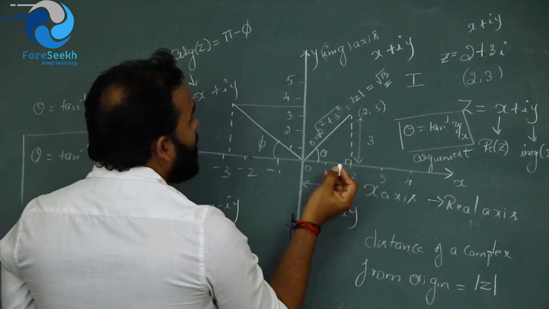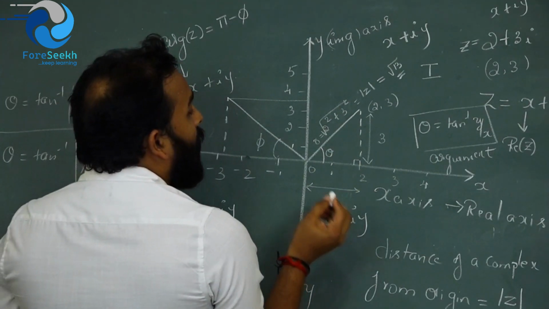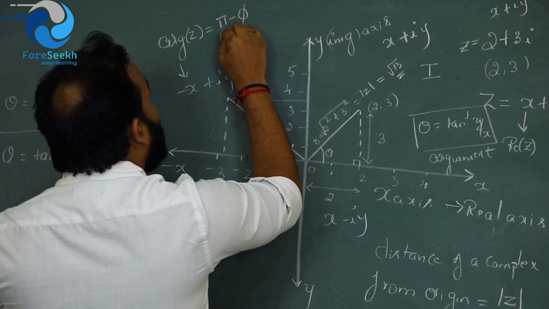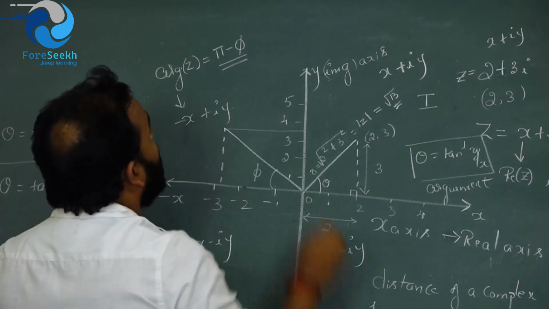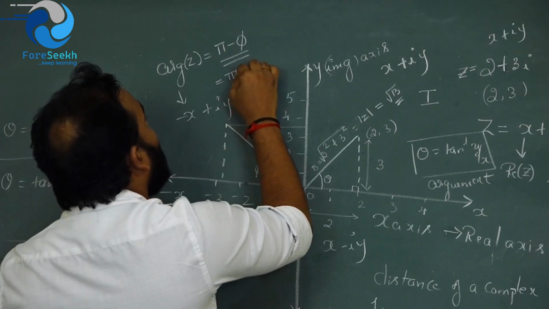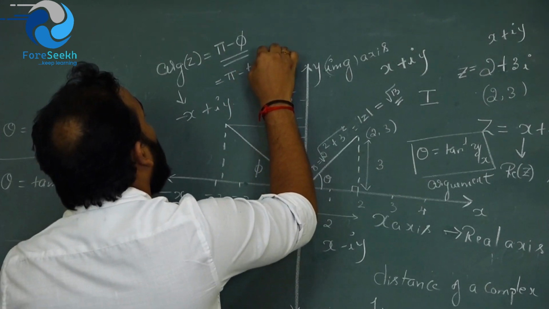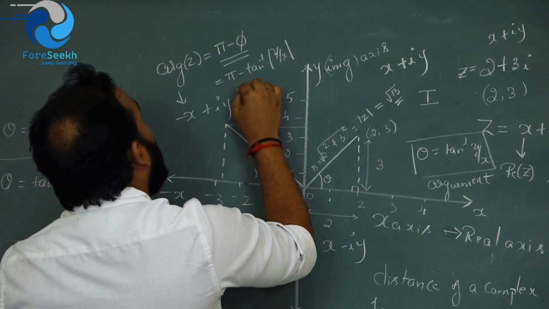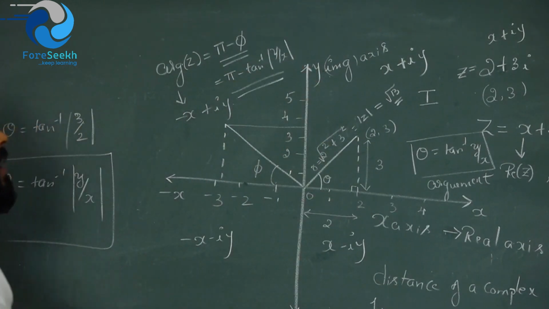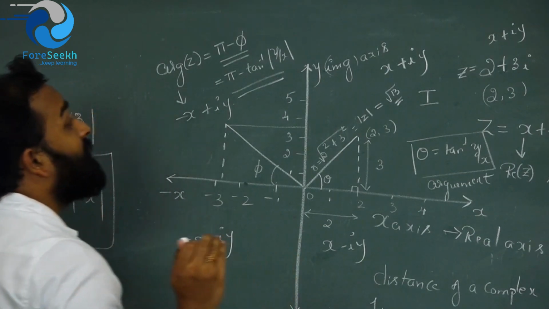So the argument here is pi minus phi, or you can write pi minus tan inverse of modulus of y by x. This is your phi value. This is your theta, basically the argument of z. Theta here is pi minus tan inverse of y by x.